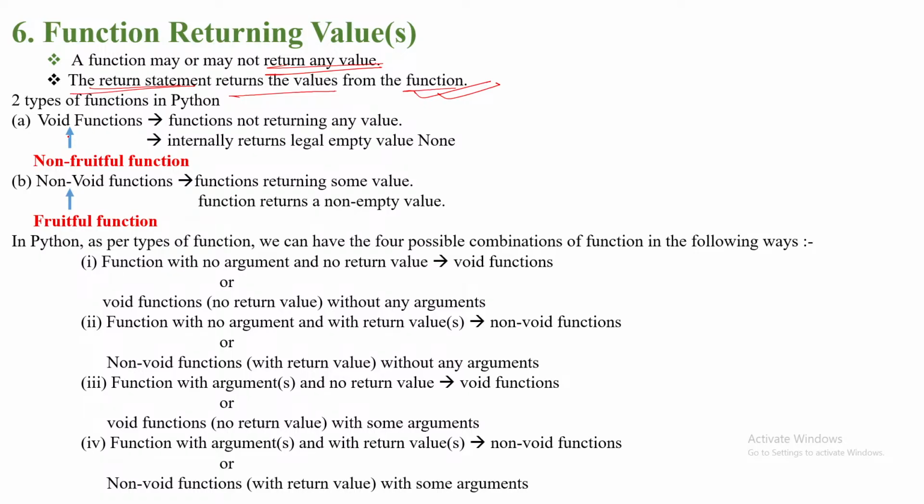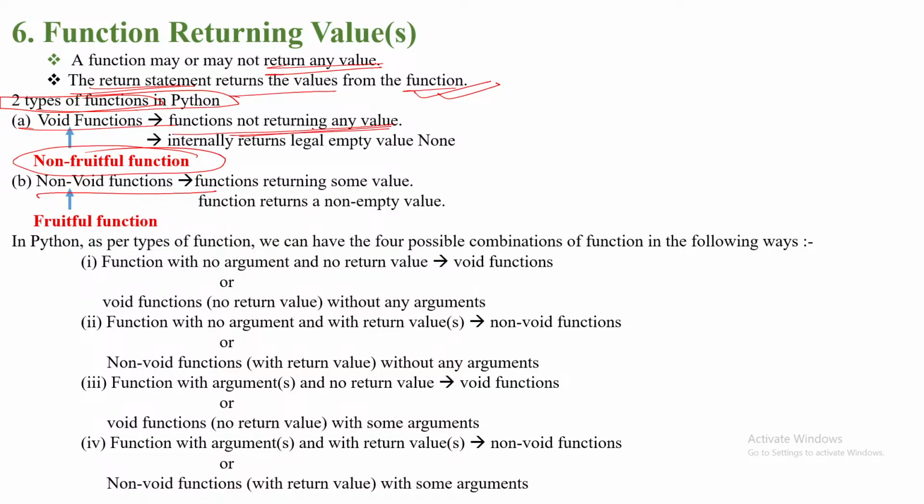From the function. So there are two types of functions in Python. How many types? Two types. Void function, non-void function. Void function is called non-fruitful function. Non-fruitful function, what is that? Void function means functions not returning any value.